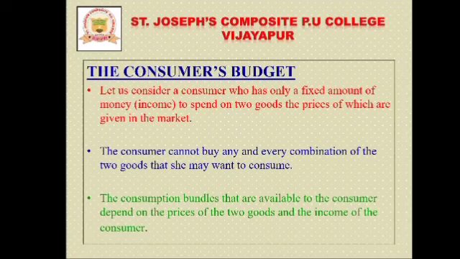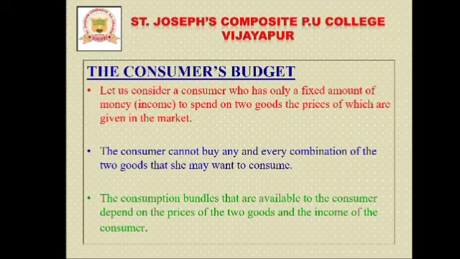Suppose a consumer has 10 rupees to spend on two commodities, say a book or a pen. If the consumer spends the amount to purchase a pen, it is evident that the consumer prefers a pen to a book, as the utility derived from the pen is greater than that from the book.